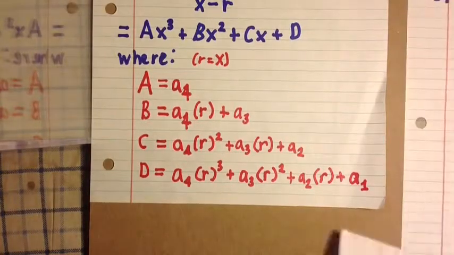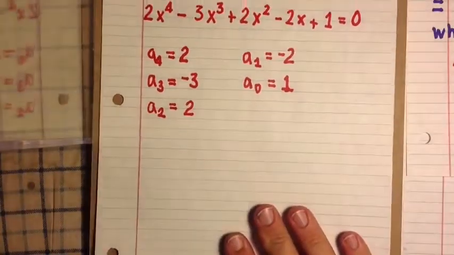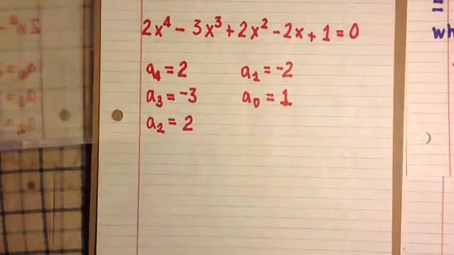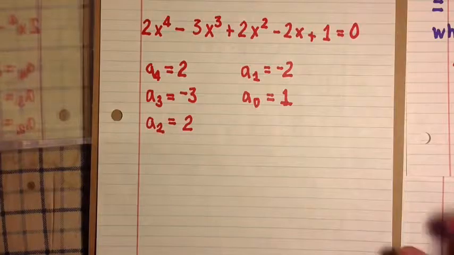And for the problem we are working with, A4 is equal to 2, A3 is equal to negative 3, A2 is equal to 2, A1 is equal to negative 2, and A0 is equal to 1.